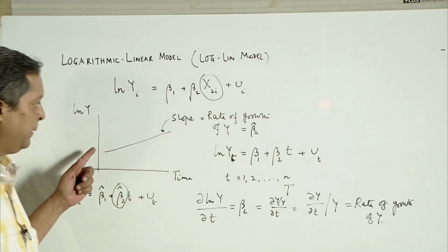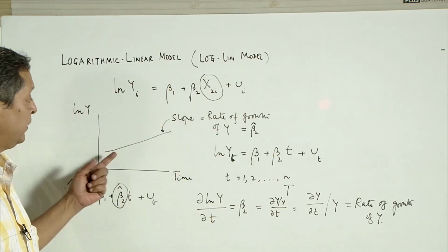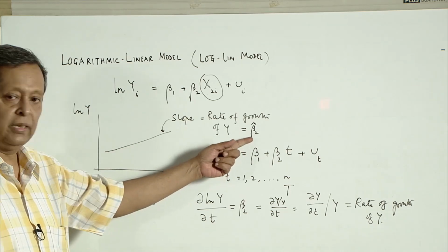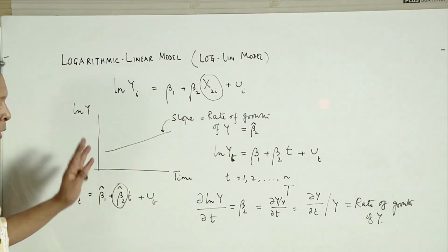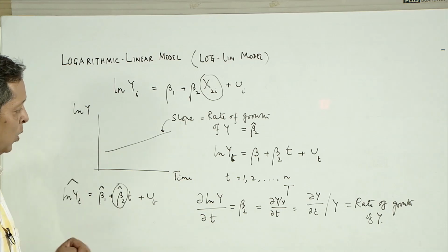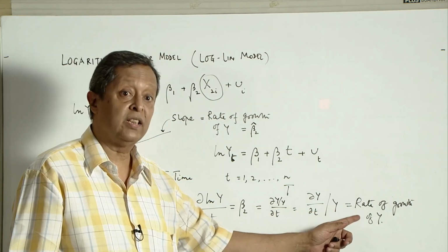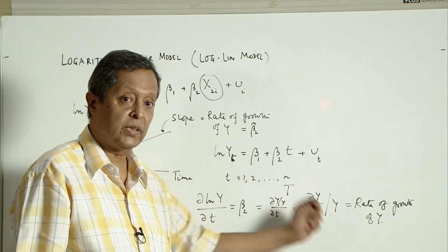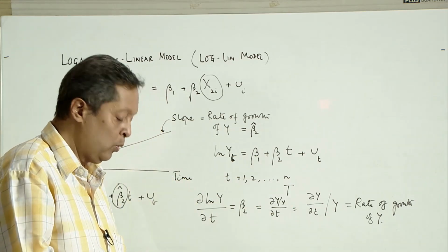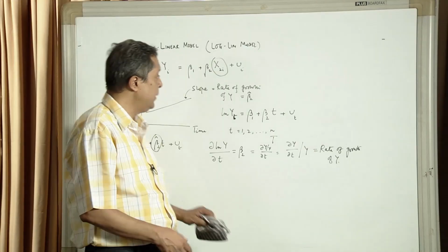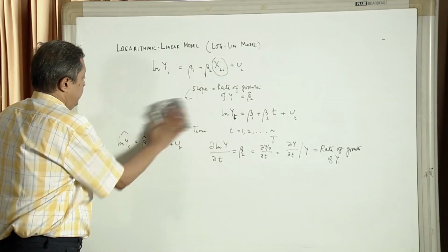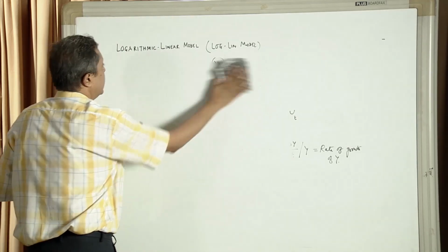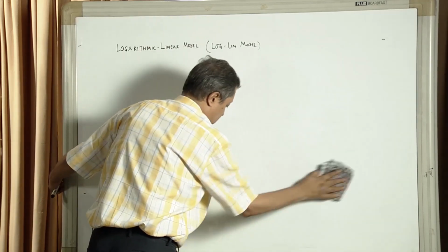So, if this is the estimated line, it is beta 2 hat, or if it were the population regression line, it would have been the parameter beta 2. So, from here what we note is that this is the rate of growth, but it is the continuous rate of growth. So, if we want the discrete rate of growth, we can make a simple calculation and go back to the discrete rate of growth.